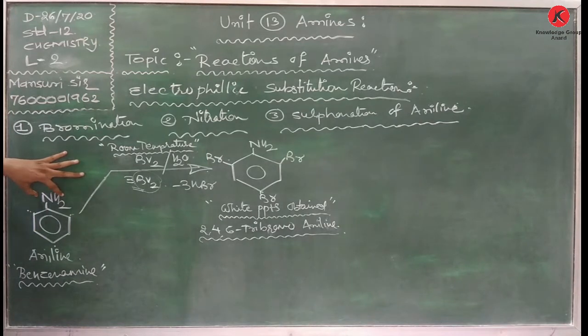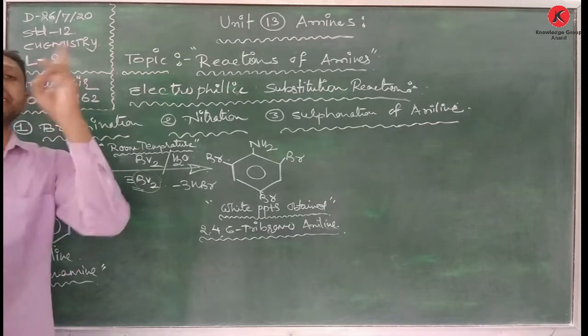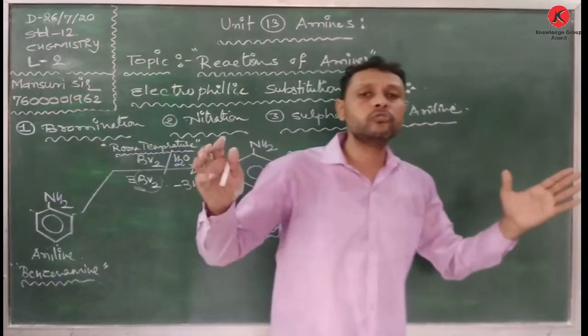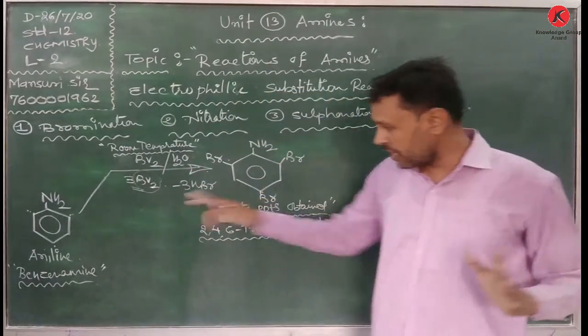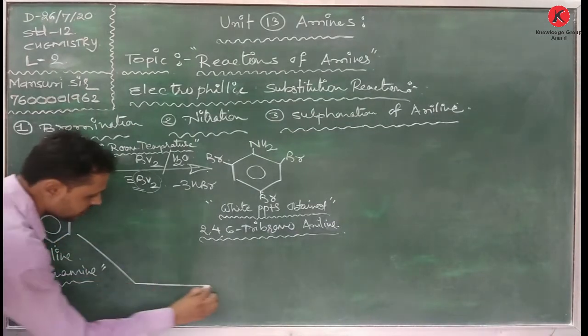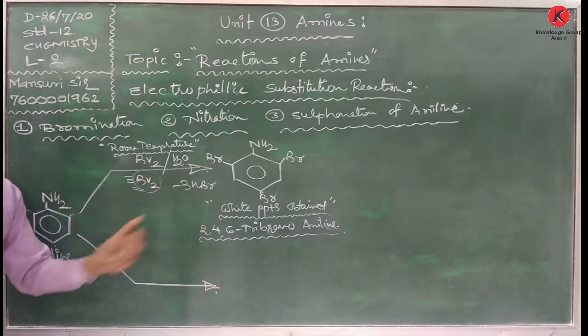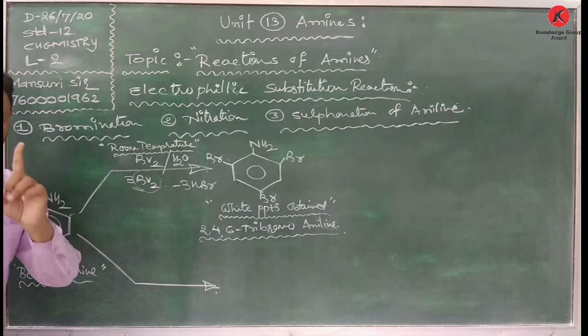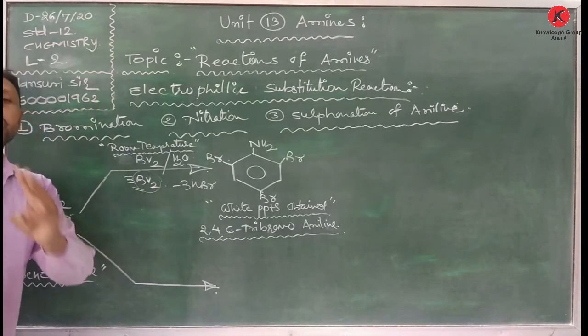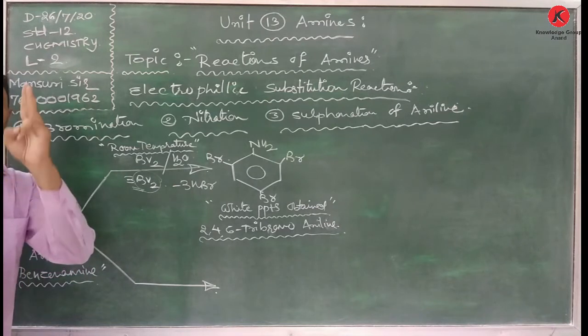First, this NH2 should be made less reactive, and for getting less reactivity we have to take acylation. So for making mono derivatives of aniline, we have to take this reaction in 3 steps.